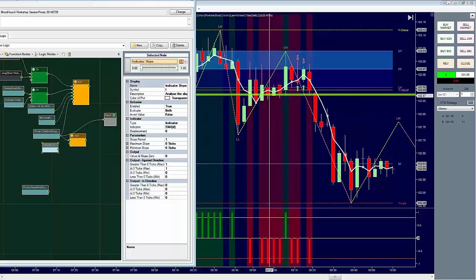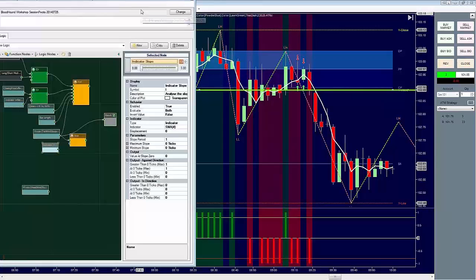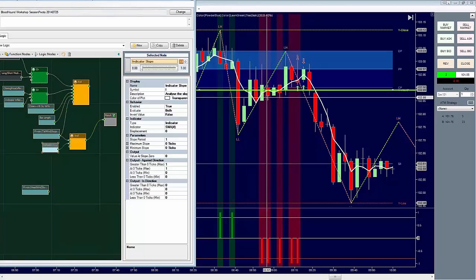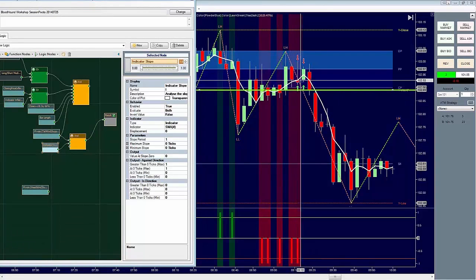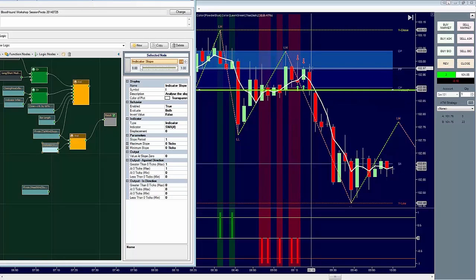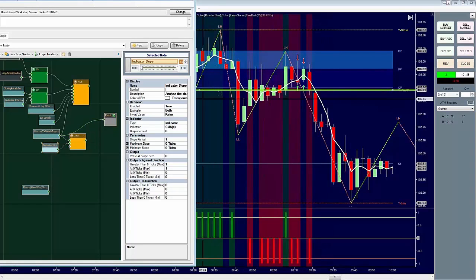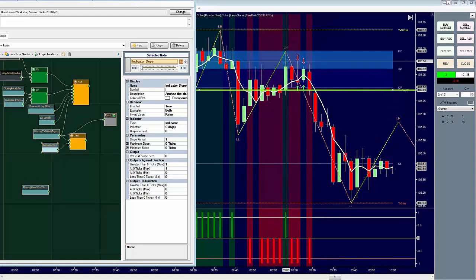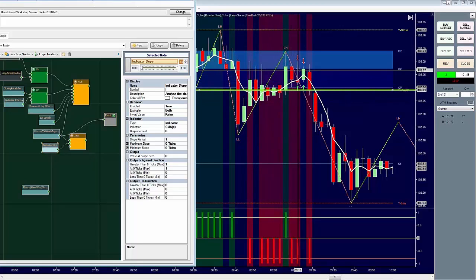So if the SMA4 is sloping up, we get a short signal, signaling that we've had a pullback, right? So now I connect this to the AND node, and we're only able to get short signals as we're pulling back to the pivot point. All right, so before, remember, we were getting a long signal on this bar, but we want to disallow that because we are making a pullback from the underside of the pivot point.